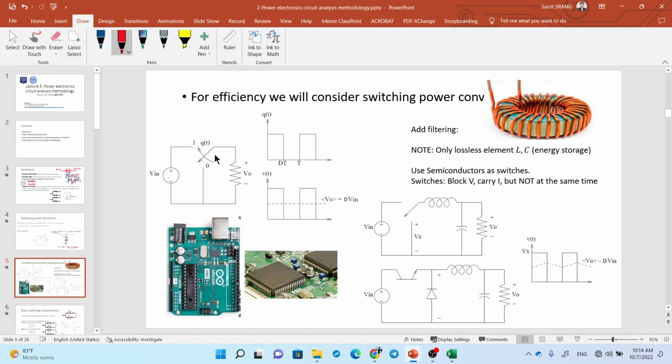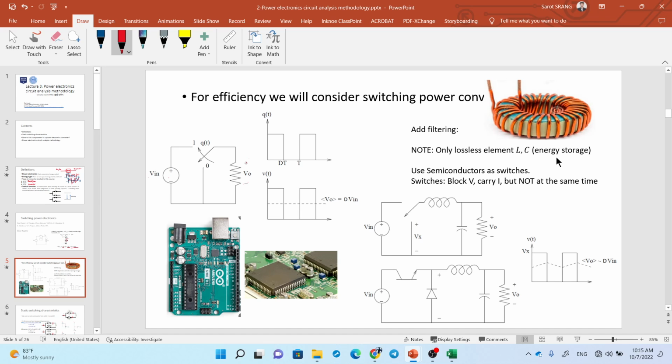And in order to have smooth power, not fluctuation of power, you need to use a filter. When the source releases excessive power, some storage elements store some energy and allow the load to get the right amount of energy.